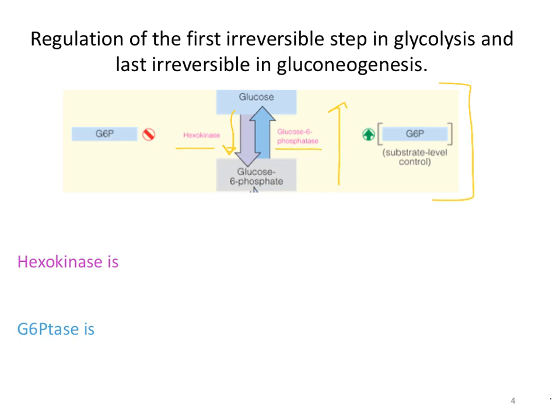They're reciprocally regulated, meaning one thing turns one off and the same thing turns the other one on. So hexokinase is allosterically inhibited by G6P, and that makes this product inhibition.